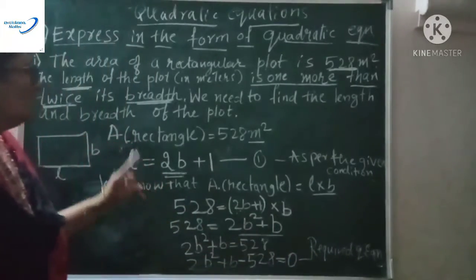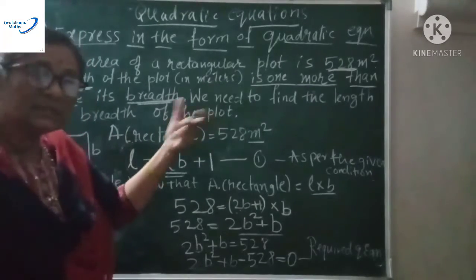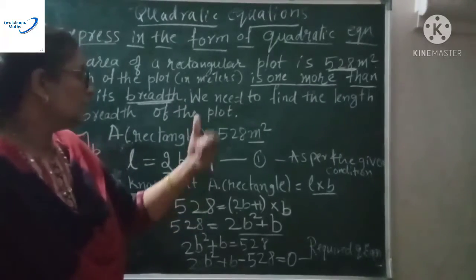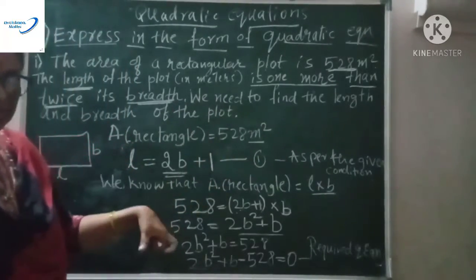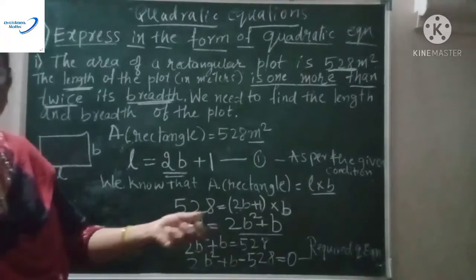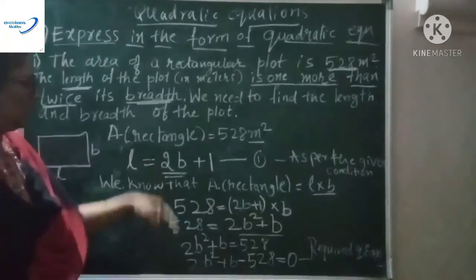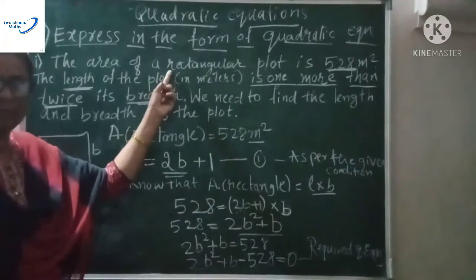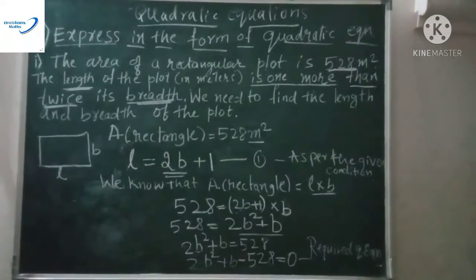So don't get confused that we need to find the length and breadth. They are asking that, for finding the length and breadth, form the equation. How to solve that we will study in the next exercise. Hope people understood. Let me continue with the second question.